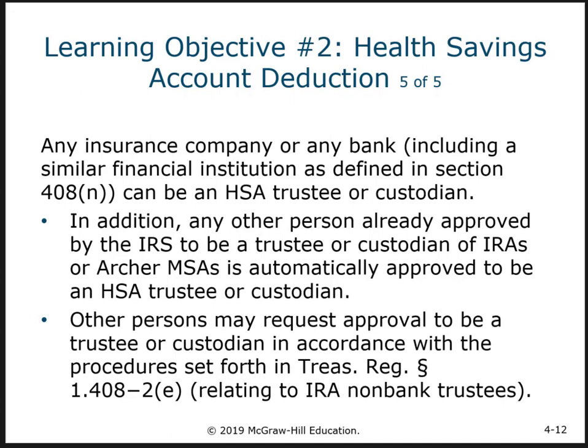Usually the plan is done by a trustee, insurance company, bank, or other financial institution. They have to be approved. They make sure there's a record of all of the money going in and coming out, so that if there's ever a question as to how much it was, we have documentation to tell us what the amounts are.